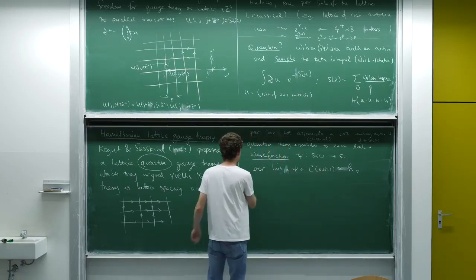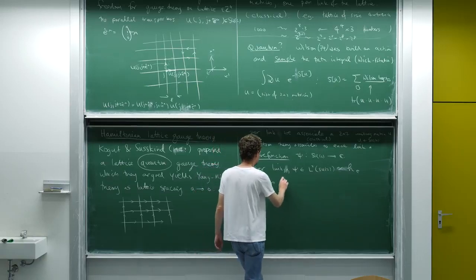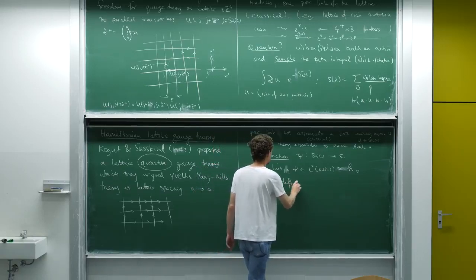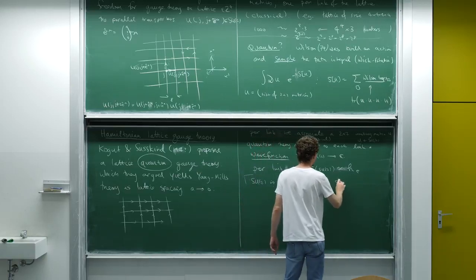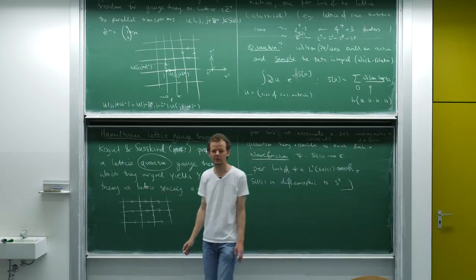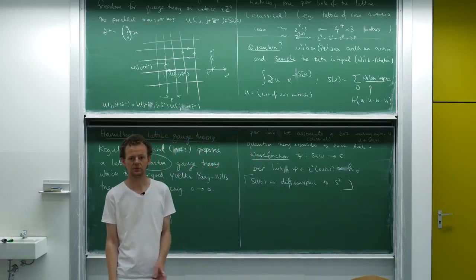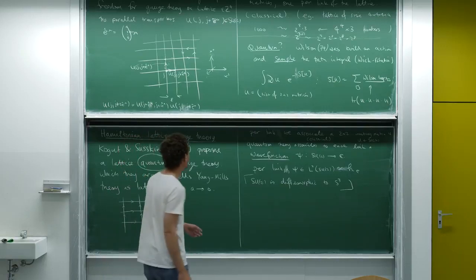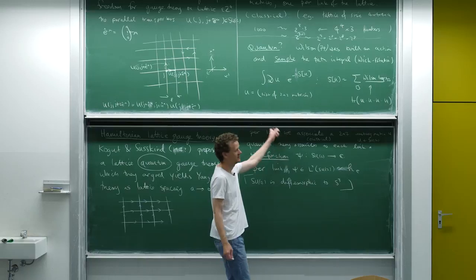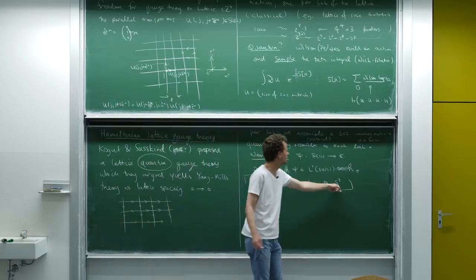Now SU2 is diffeomorphic to the 3-sphere, not the 2-sphere, the 3-sphere. So that's a useful fact to know. So you can think of, without harm, the quantum degrees of freedom of our quantum lattice gauge theory as wave functions on the 3-sphere.